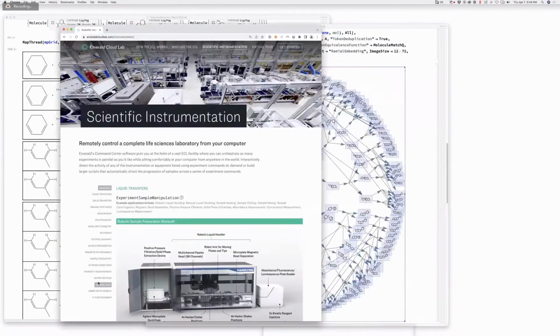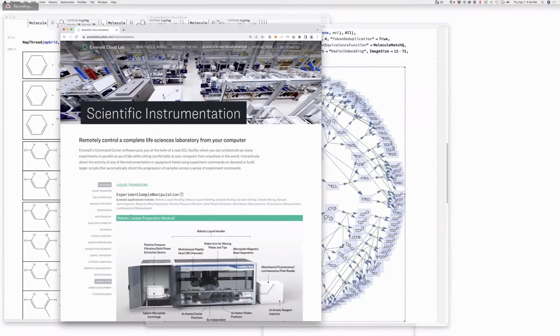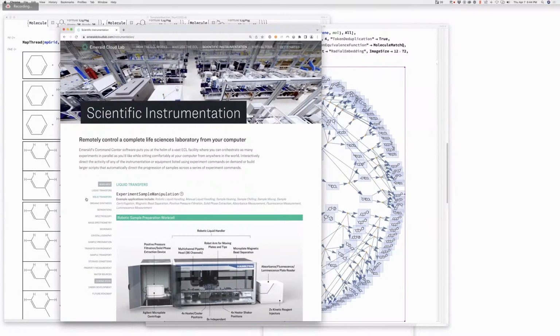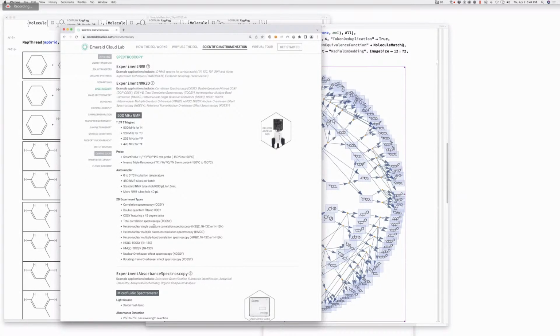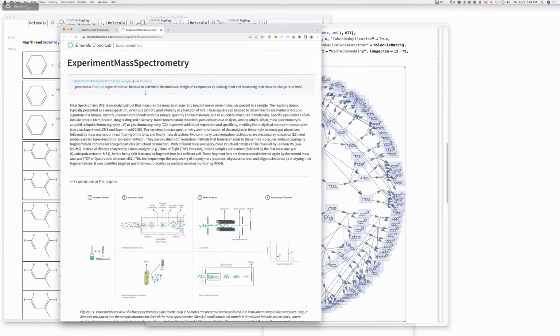Where do I go here? Liquid transfers, property measurement, spectroscopy, near the green bar. What about mass spectrum? Oh, they say mass spectrometry. There we go. Okay, an ESI QTOF mass spectrometer. Where is the documentation for that? Here we go.